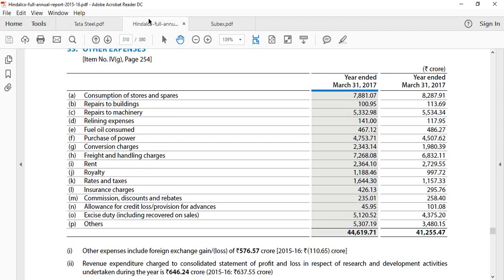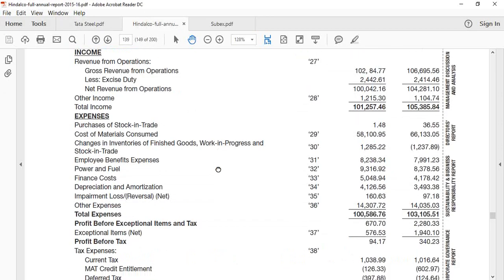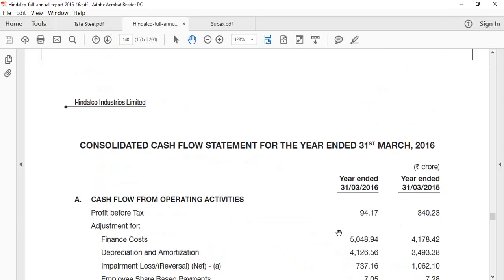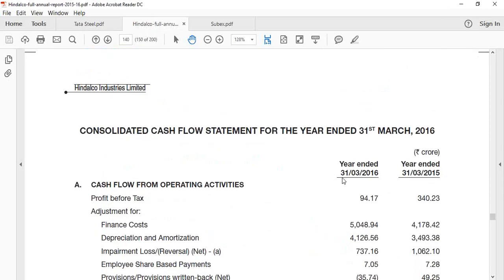So let's go to Hindalco again. When you build these things, you tend to first account for a certain cost in the P&L, and then you go ahead and look at adjusting that to the cash flow, right? So if I show you the cash flows, remember finance cost is a cash from financing activity. So the way this works is you start with profit before tax and you add the finance cost first.